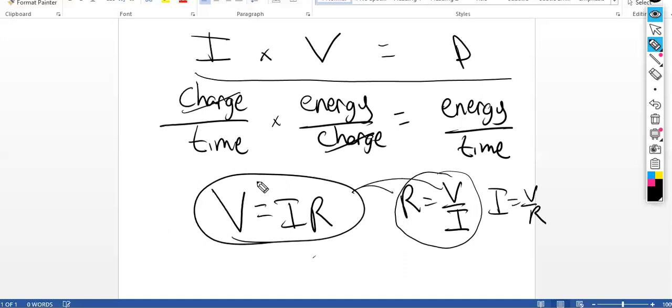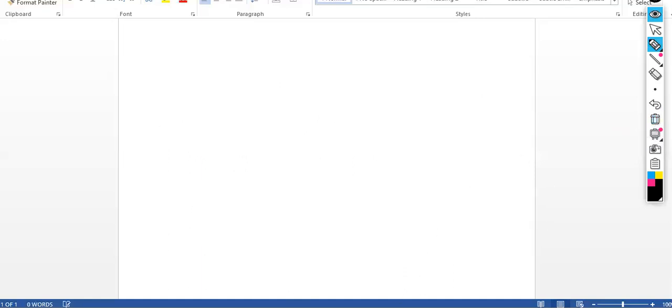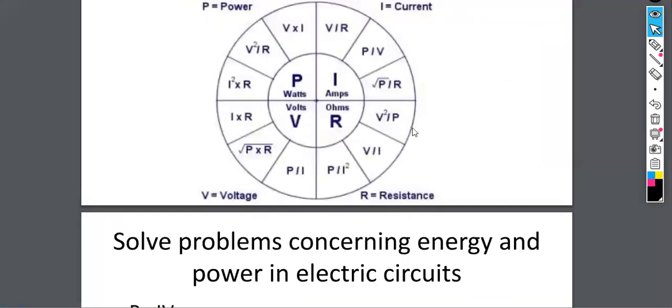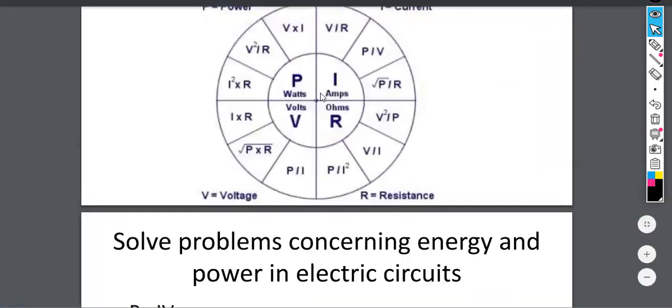You can combine those two equations in all sorts of ways. And many of those ways are contained on this little wheel here. If you want to know current in terms of V and R, it's this. In terms of P and V, it's this. In terms of P and R, it's this. So it's defining all of those things in terms of each other.